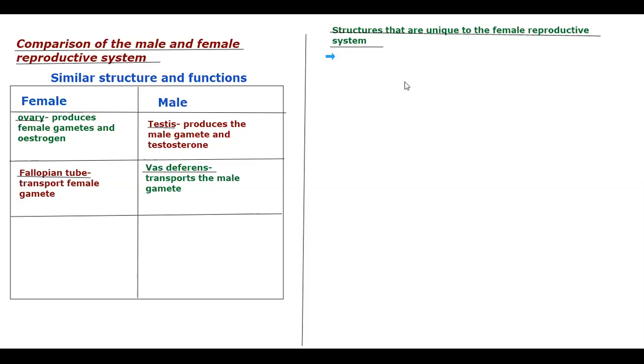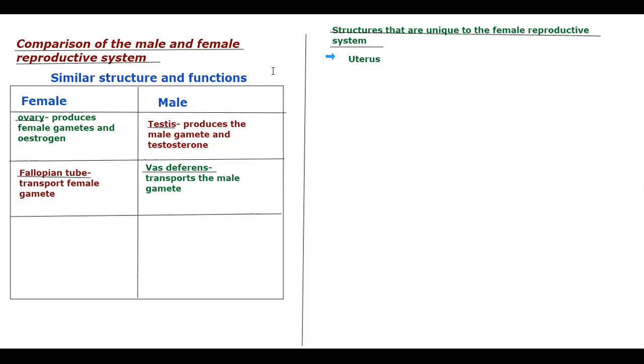Let me give you a clue. The woman has a uterus, which is where the baby is produced. Is there any part of the man that is similar to the female uterus? A man doesn't have anything that looks like a uterus, no. So that is unique to the female reproductive system, right?